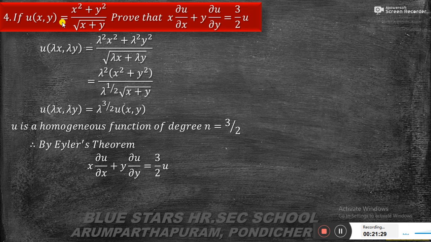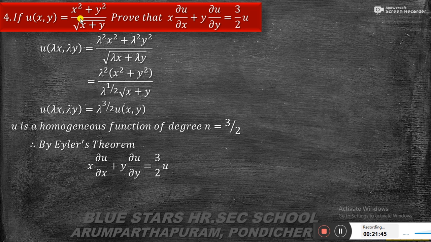So first I write the given function u of x comma y equal to x square plus y square by square root of x plus y. Now I substitute x equal to lambda x, y equal to lambda y, that means u of lambda x comma lambda y equal to, I substitute both.